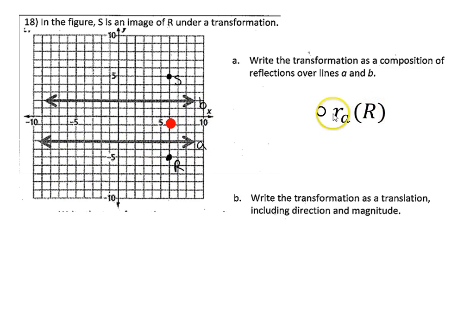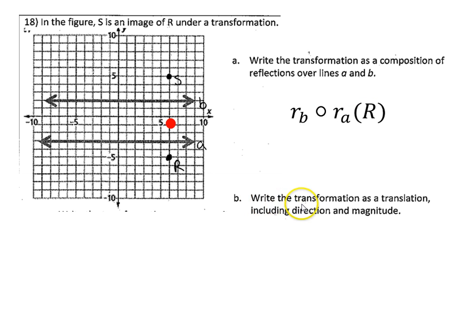So we took R, reflected over A, and then we reflected this point over B. So we have the reflection over B. We took R, reflected it over A, and then reflected it over B, and we ended up with point S. You could say that this equals S if you wanted to, but this notation is sufficient to say that this is the point S, because we take R, reflect it over A, and then reflect it over B.